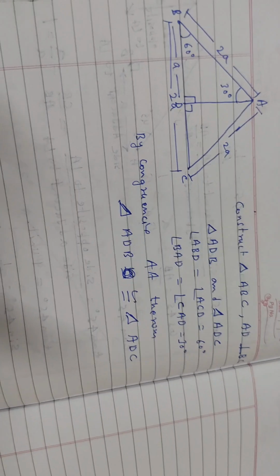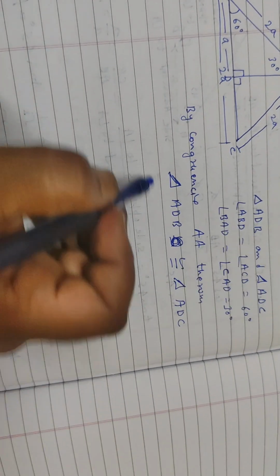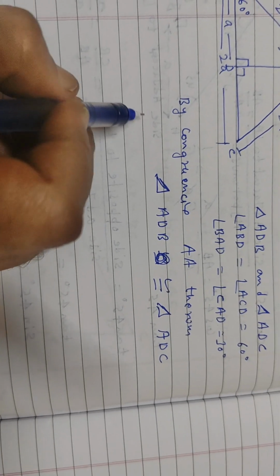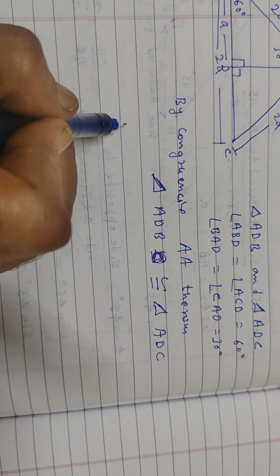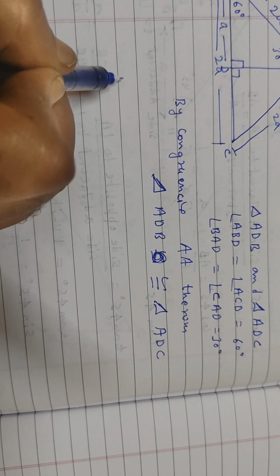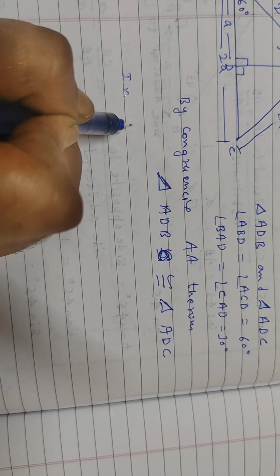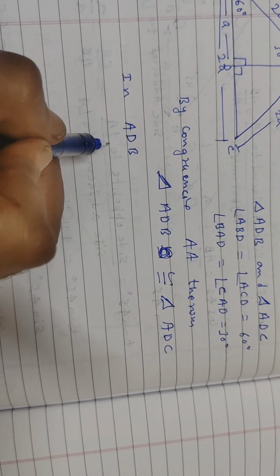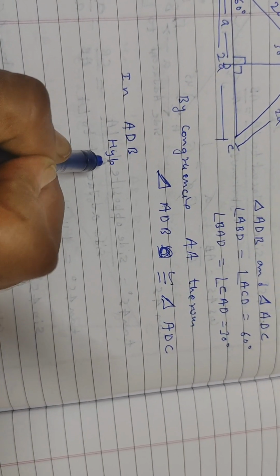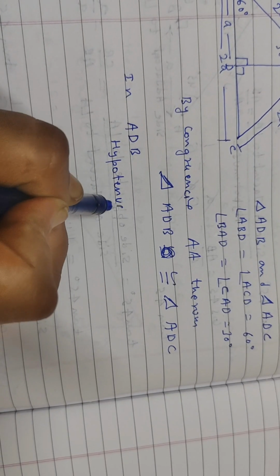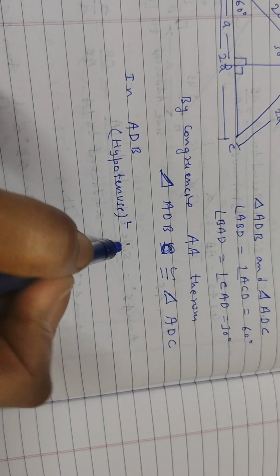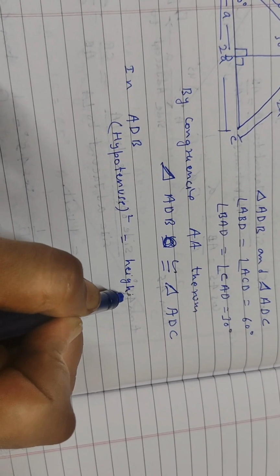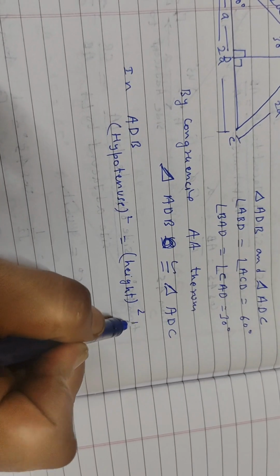So here we find length AD. Here in triangle ADB, hypotenuse squared is equal to height squared plus base squared.